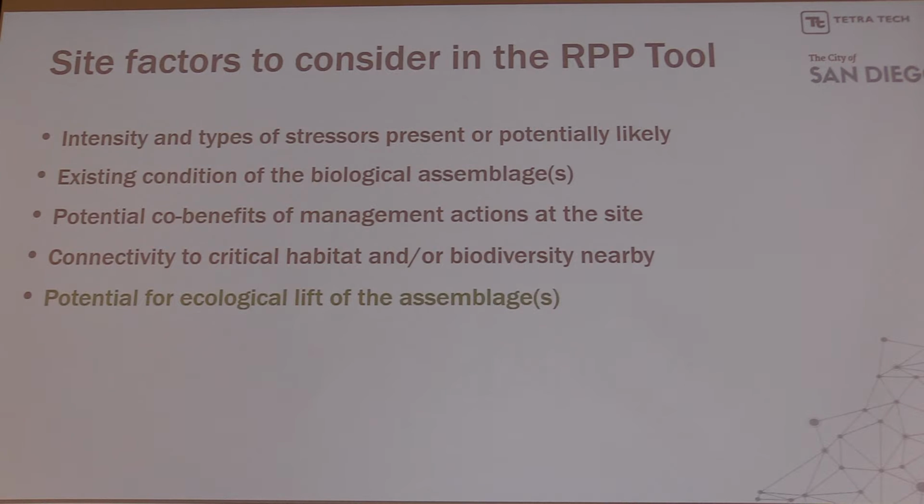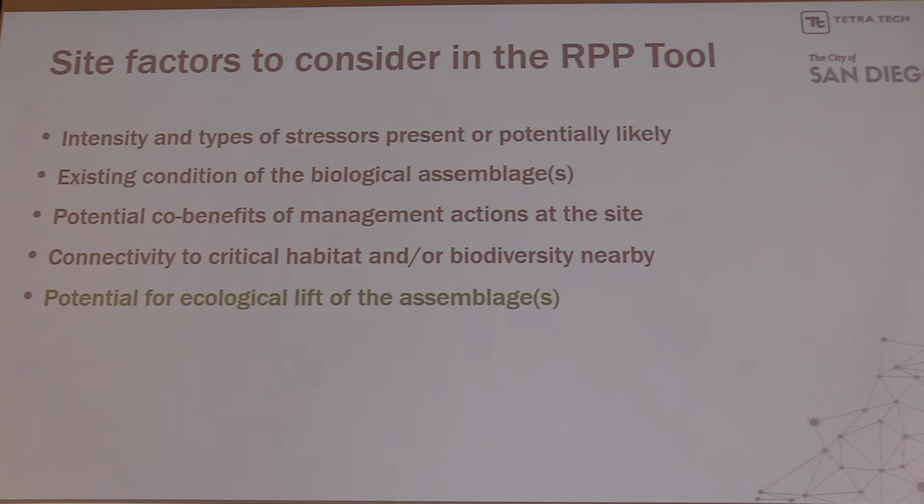First, the intensity and types of stressors. If the stressors are very challenging to deal with, that may determine the prioritization for that kind of site. Second, the existing condition of the biological assemblage: how impaired is it? I'll get to that a little later.